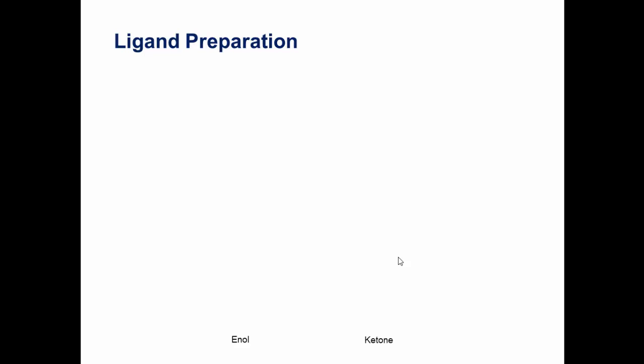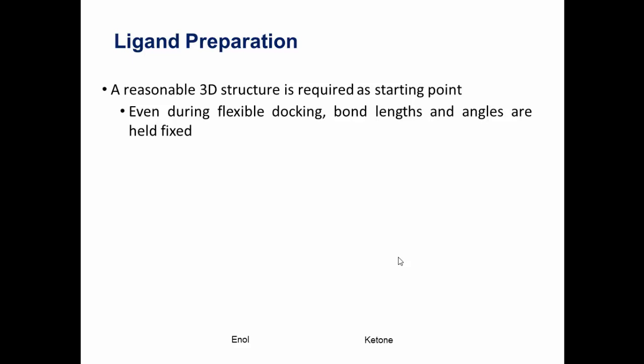So you know that the ligands are obtained by sketching the ligand using any of the sketching software like ChemDraw or ChemSketch. Also, we can get the ligand structure from web databases such as the PubChem database or Zinc database.